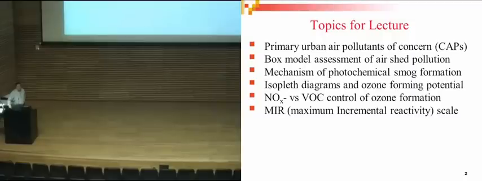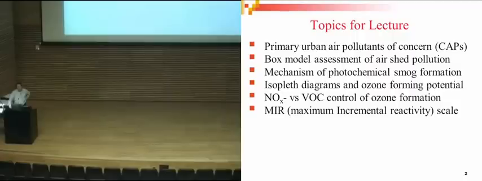We're going to look at an urban box model for air pollution, and we'll do similar sorts of calculations looking at pollutants in and out and those that can be generated within that volume. We'll talk a bit about the mechanisms of photochemical smog formation.